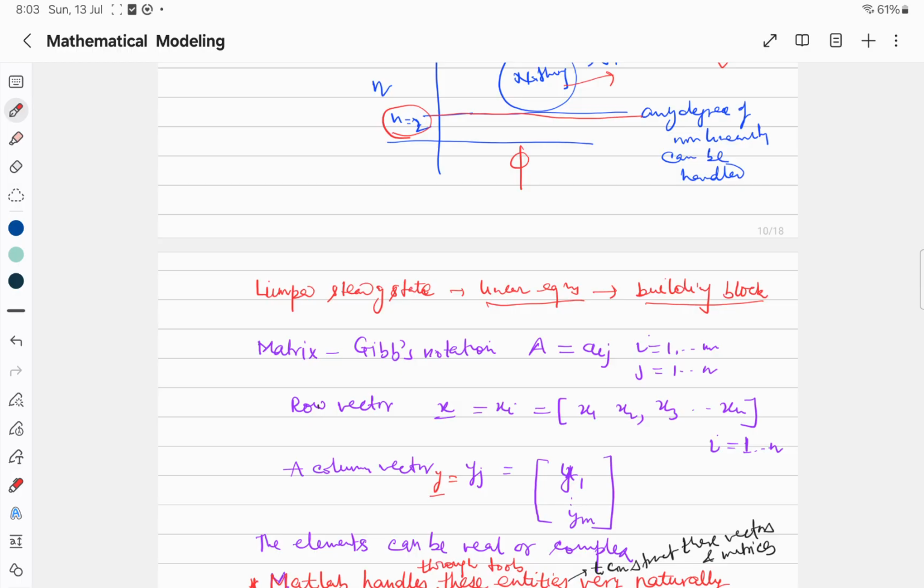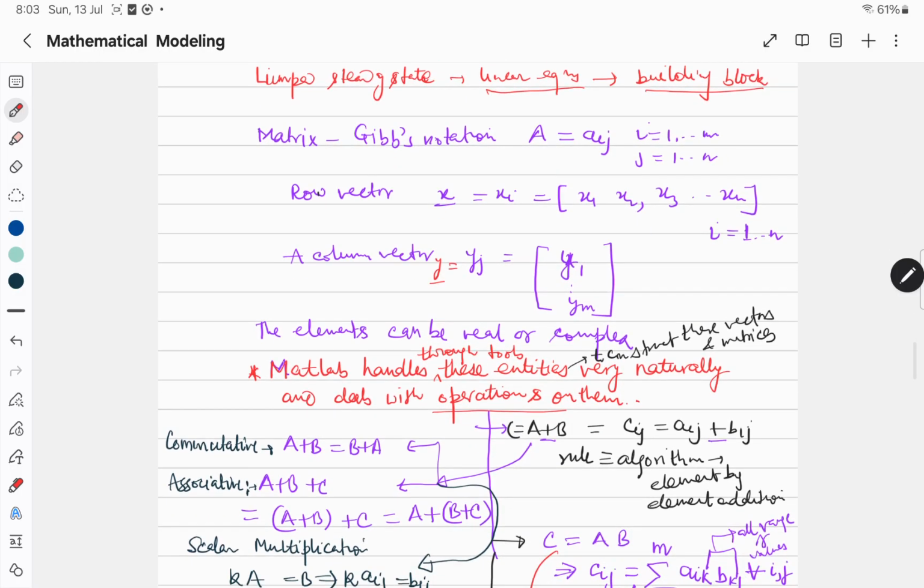So this is a row vector. The x vector could be represented by x_i: x1, x2, x3, up to xn. It could also be a column vector, like y equal to y_j: y1, y2, y3, up to ym. The elements can be real or complex.